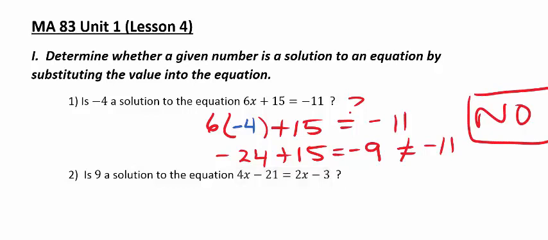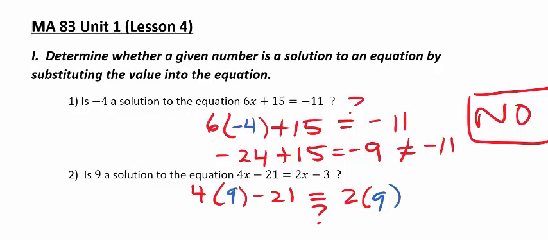Number 2, we're going to see if 9 is a solution to the equation 4x minus 21 equals 2x minus 3. So we're going to substitute 9 in place of x on this side of the equation, and we want to see, does that equal the other side? So when we substitute it in, we're going to put 9 here, minus 3.